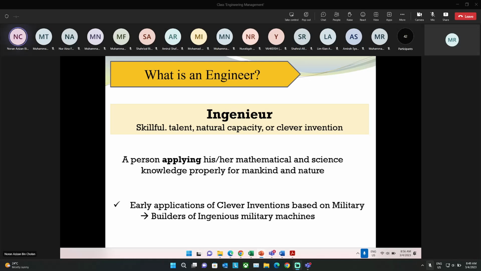So engineer needs to know how it works. Basically, we can treat it as what I would always say, a black box. You know what is the input, what is the output. That's the engineer.